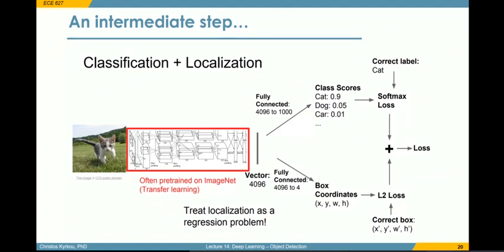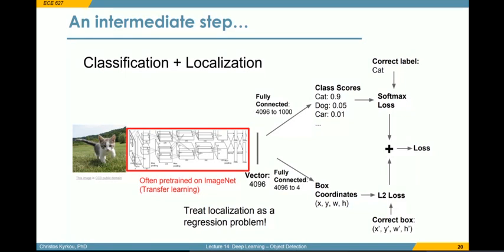So let's first consider a simpler case. Let's say that we only have a single object, and in order to extend the classification convolutional neural network, we also want to predict the bounding box. A bounding box is usually a set of 4 numbers corresponding to the center of the window that encloses the object, and its width and its height.